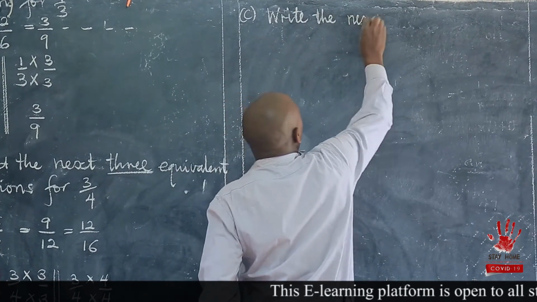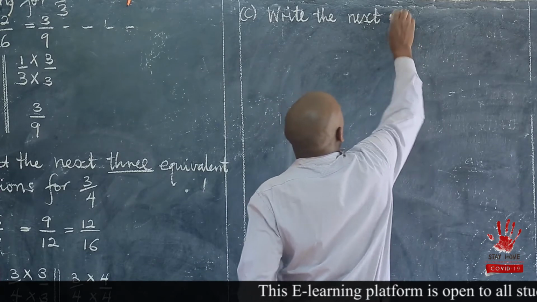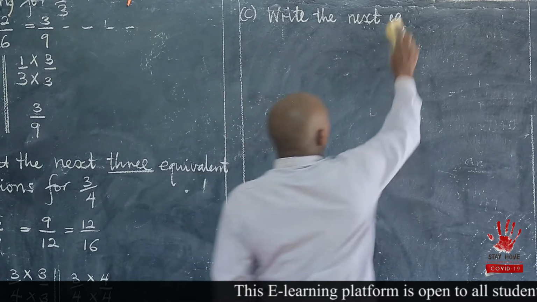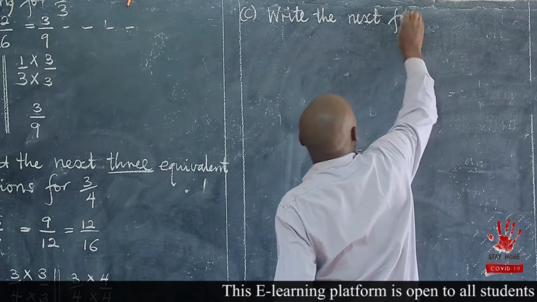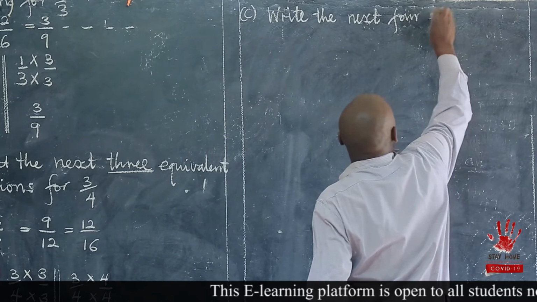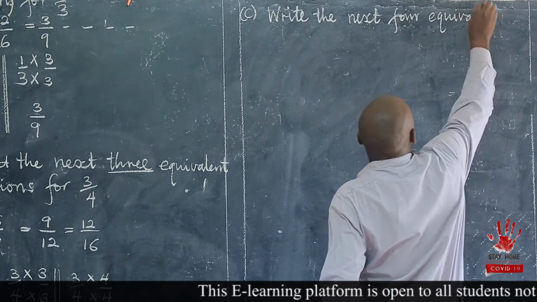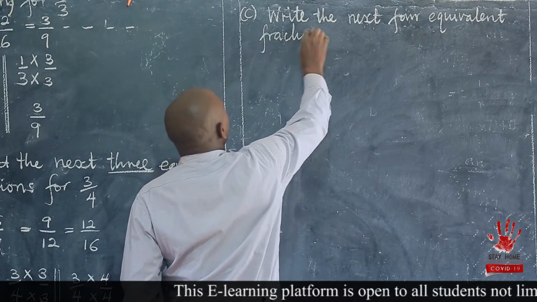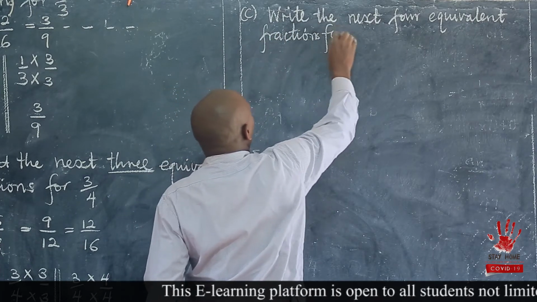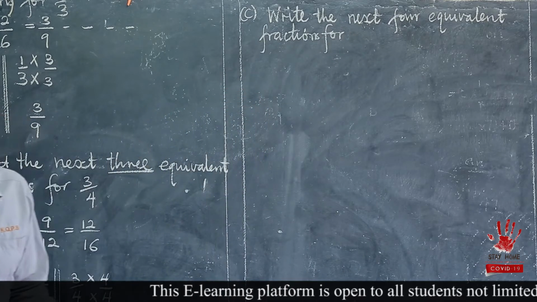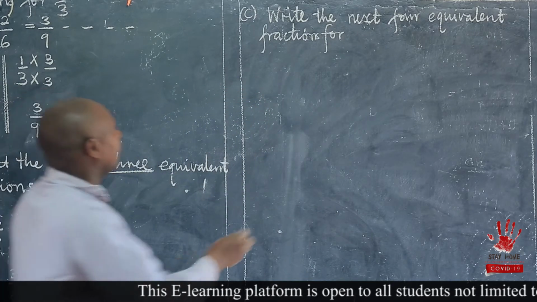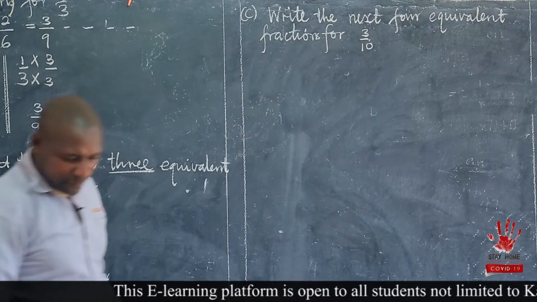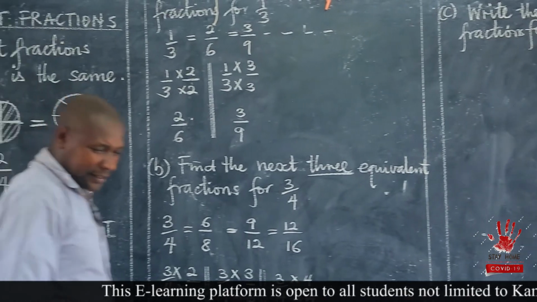Let's give at least a number of them. This time let's look for 4 equivalent fractions. Let me put the simplest. Somebody saying put 3/10. Very good. Okay. Let's watch.